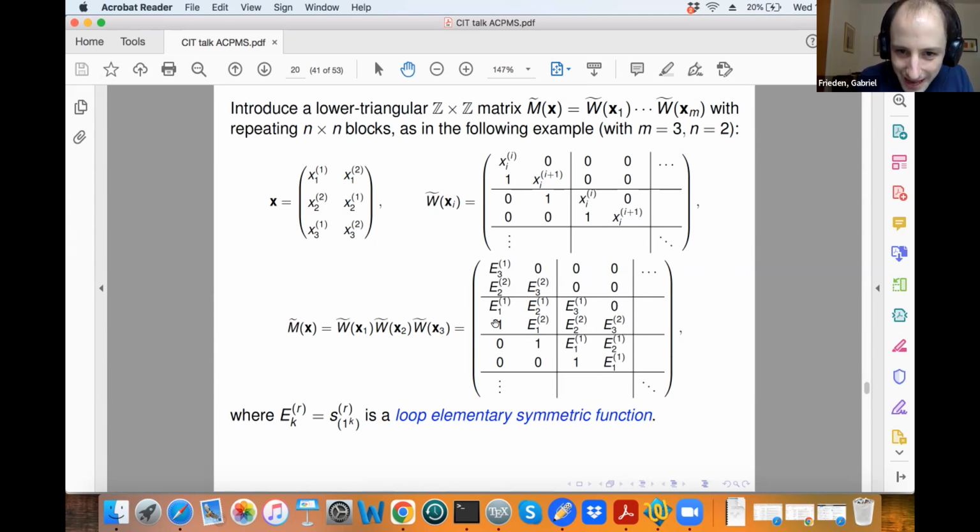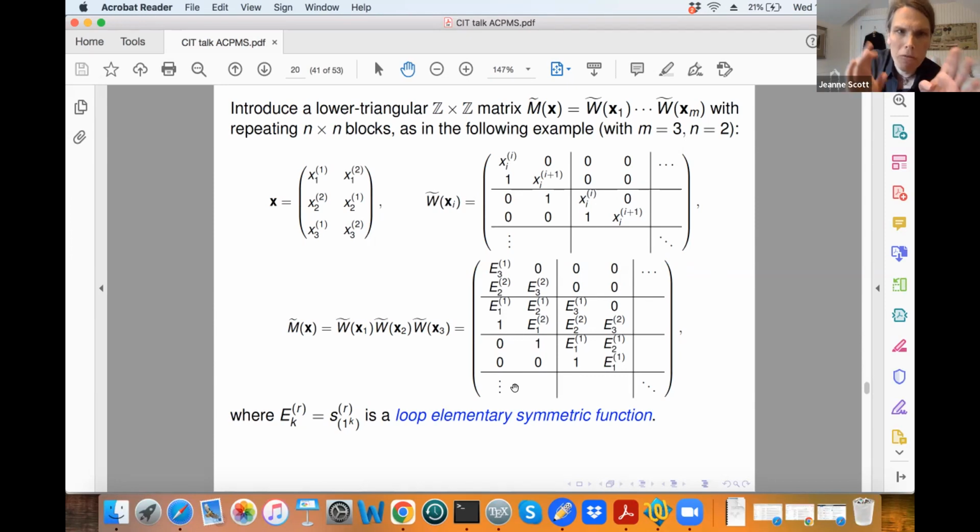But we actually want to record additional information by keeping track of all of this lower stuff. It turns out that the loop Schur functions are minors of this big matrix, and one of those tropicalizes to the energy function.